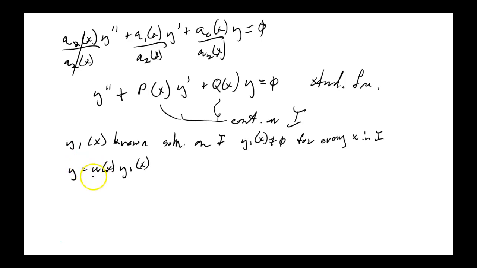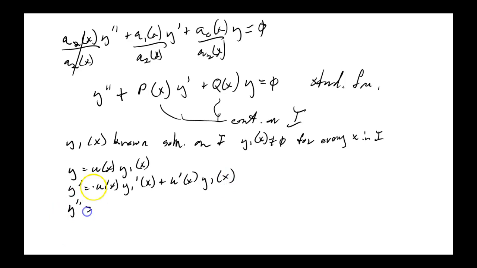If this is that, then y prime is, you tell me. Yeah, exactly. u of x times y1 prime of x, plus u prime of x times y1 of x. Good.